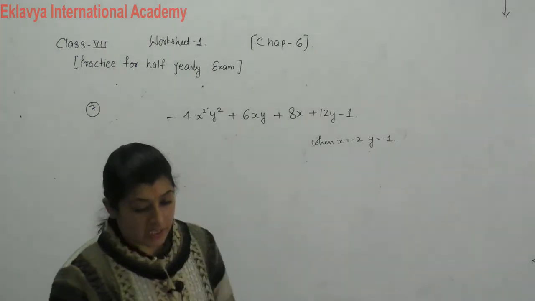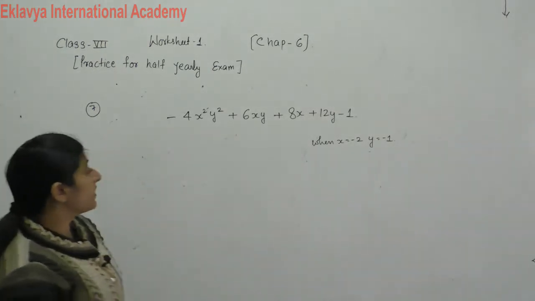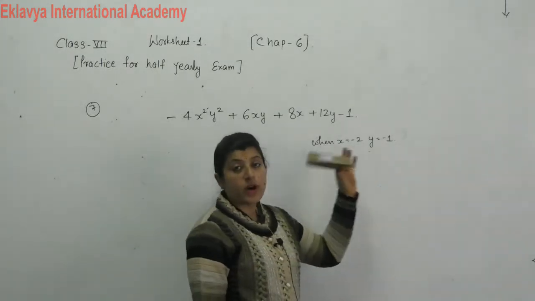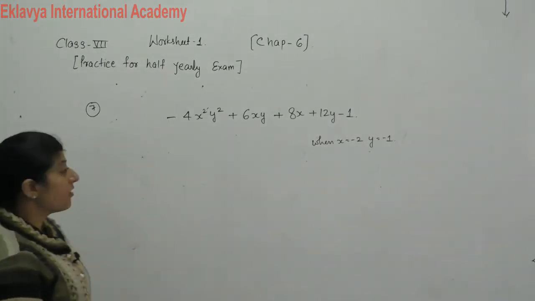Find out the value of this given polynomial at x is equal to minus 2, y is equal to minus 1.